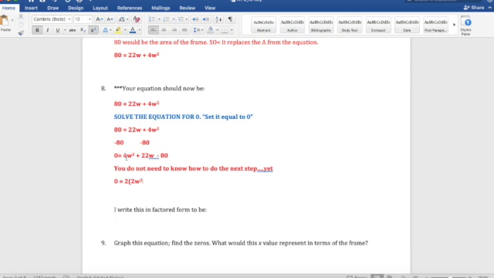So that divided by 2 is 2w squared, 22w divided by 2 is 11w, and 80 divided by 2 is 40. So I did that, and now I have to figure out what the rest of it is going to look like. So please hold. I should have paused the video so I don't have to sit here and watch me do this.